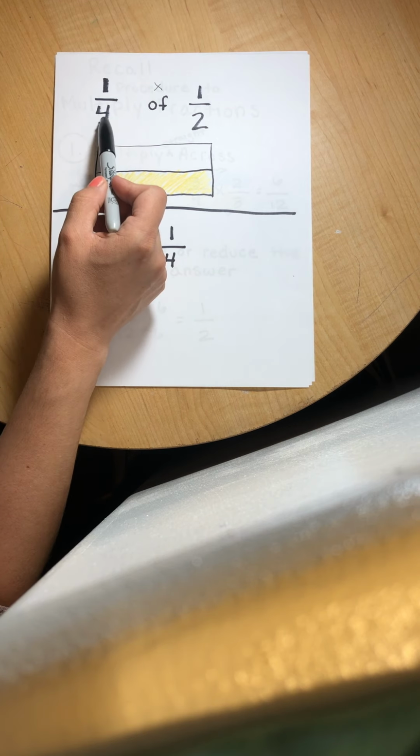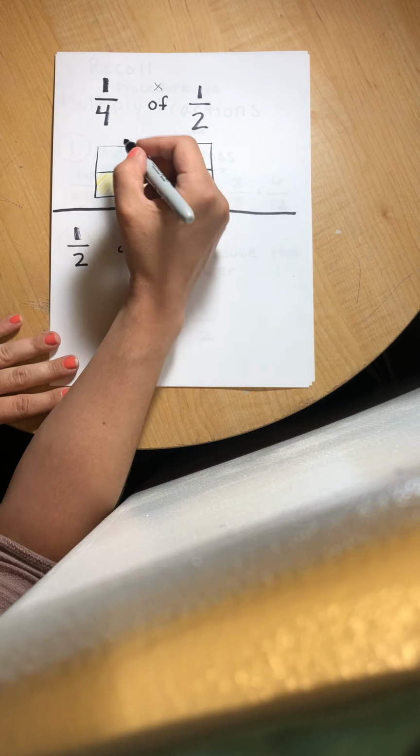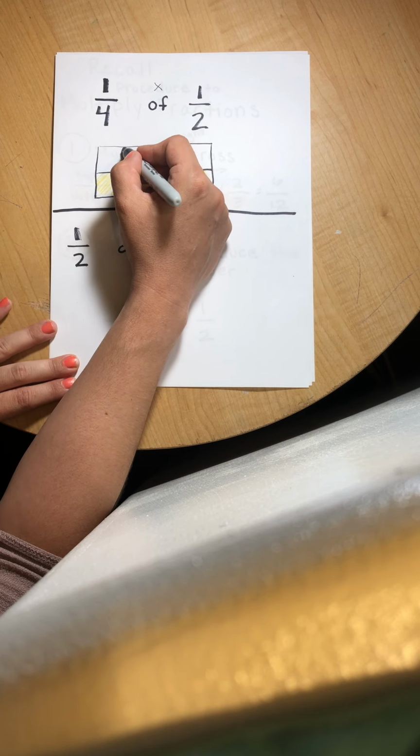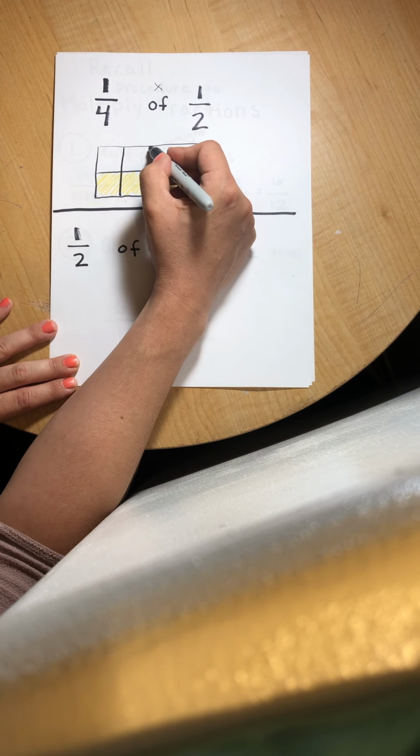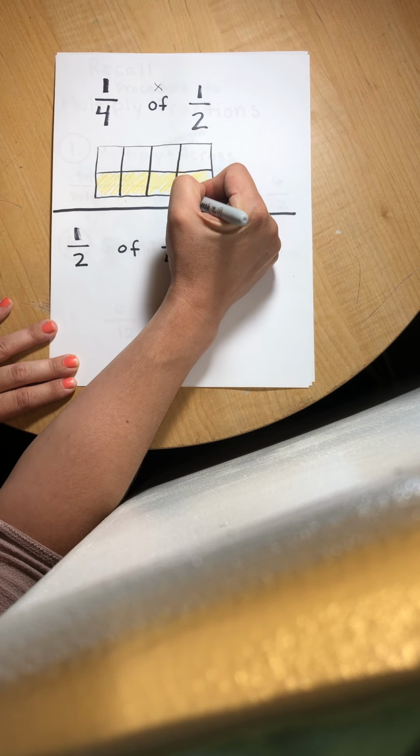Now we want 1/4 of 1/2. So now, using vertical lines, I will divide this into 1/4, or divide it into 4 equal parts. 1, 2, 3, 4.